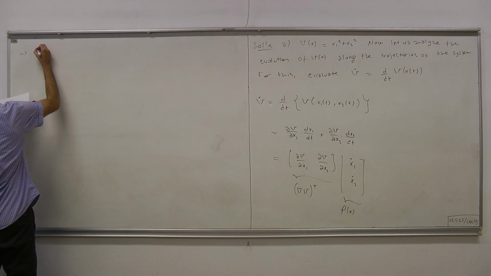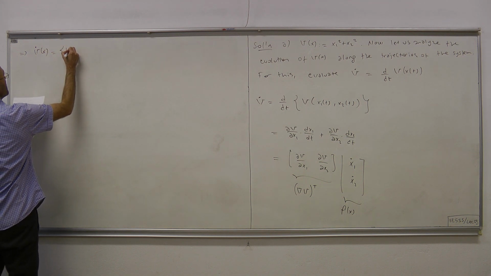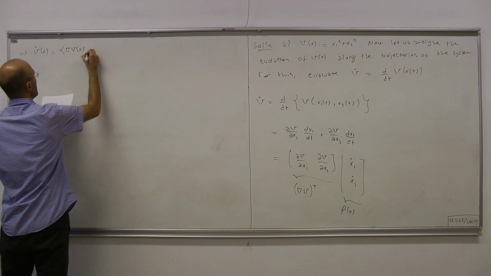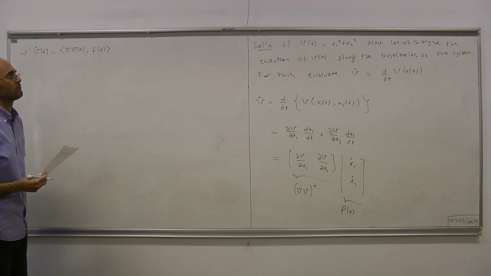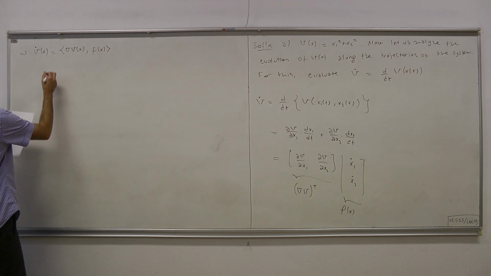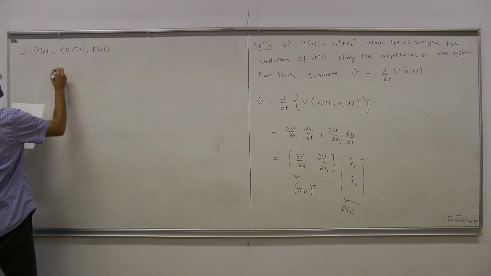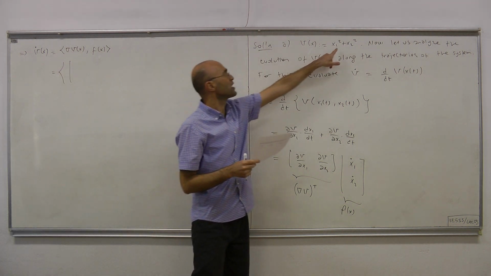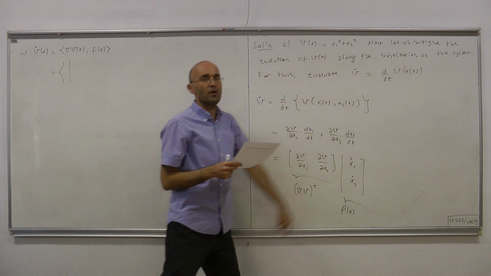So we take V dot of x equals the inner product of this vector, the gradient, with the right-hand side of the system. For the given V and f, this reads as follows. V is x1 squared plus x2 squared, therefore the gradient is 2x1 and 2x2.